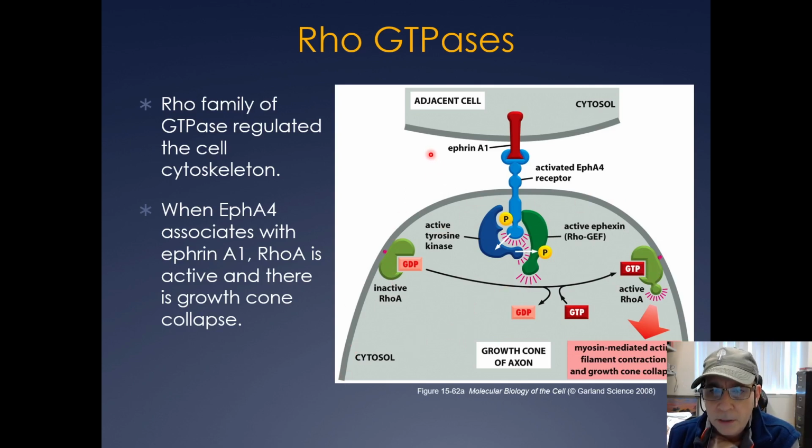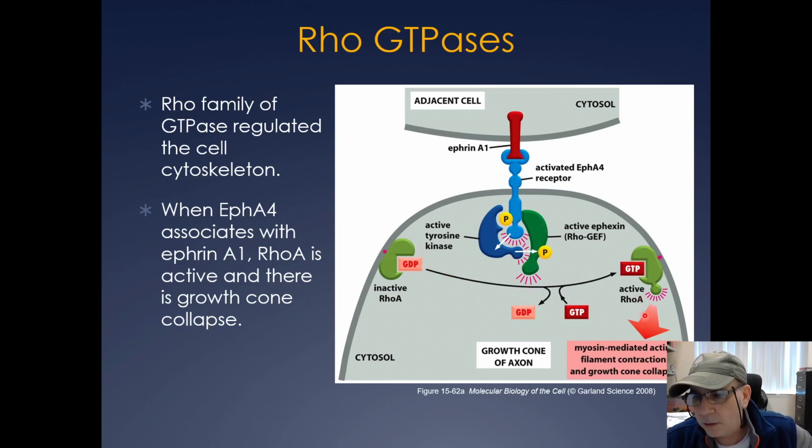You have your Ephrin A1 on an adjacent cell, and the growth cone will grow. If the growth cone doesn't want to be associated with this cell, you'll get activation of the EphA4 receptor, which then leads to activation of a tyrosine kinase, and then activation of a Rho GEF, which will cause the exchange of GDP for GTP.